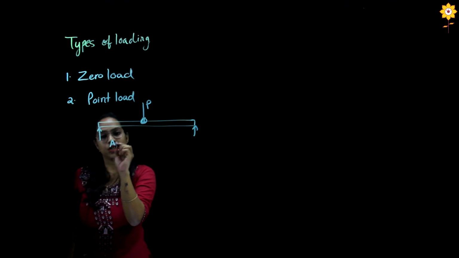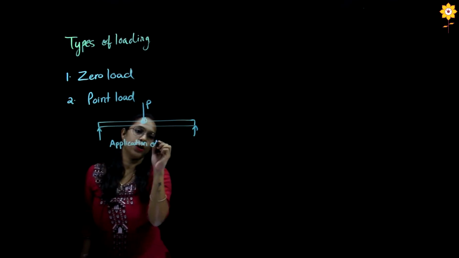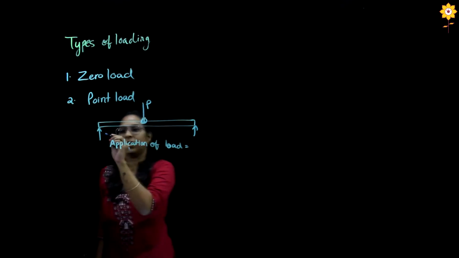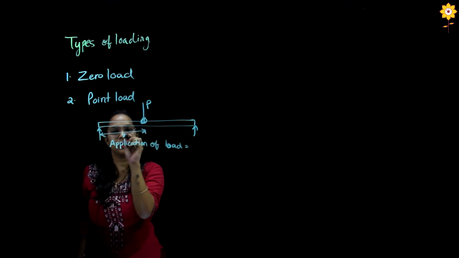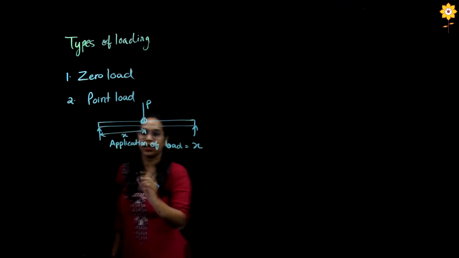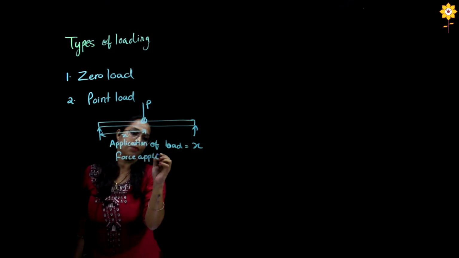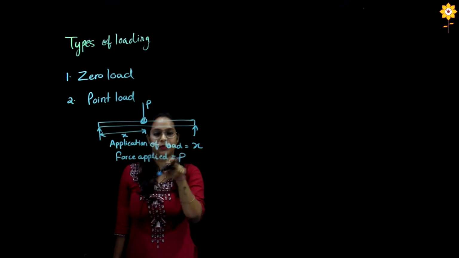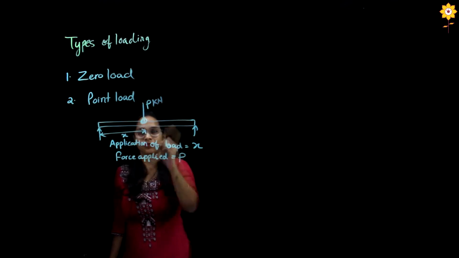That means the application of load will be at the same distance where the P is. Let's say this distance is x, the application of the load will be x from this point, and the force applied would be P. So the force P is applied at a distance of x.